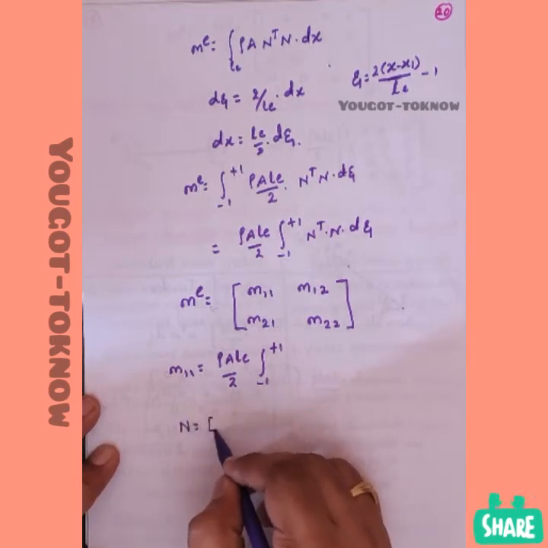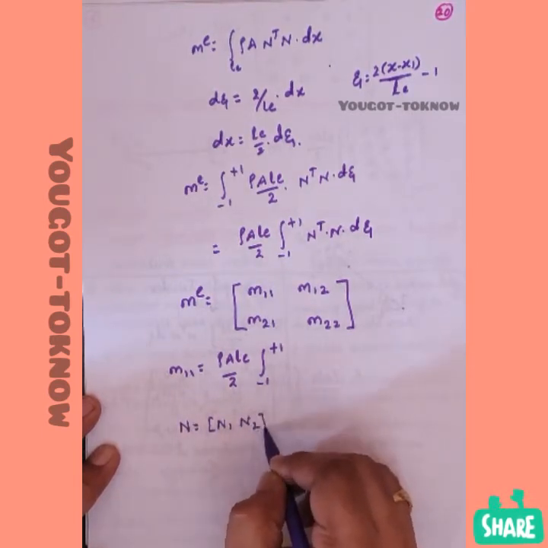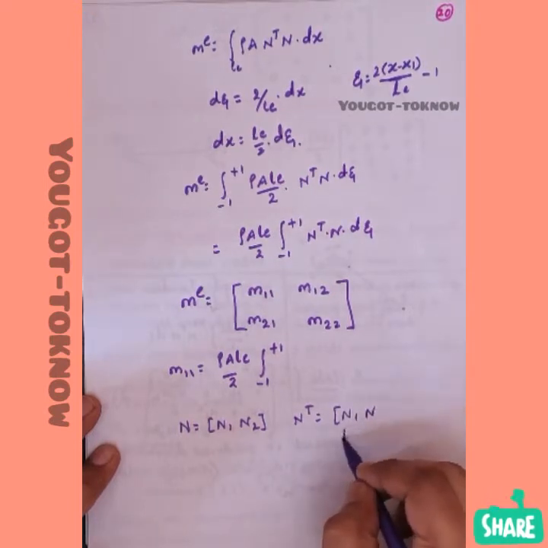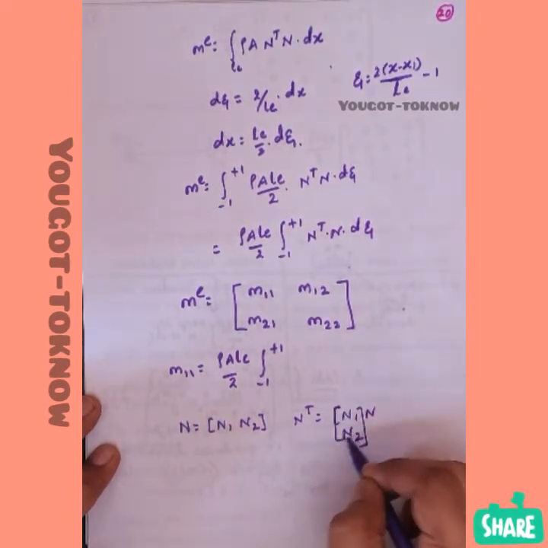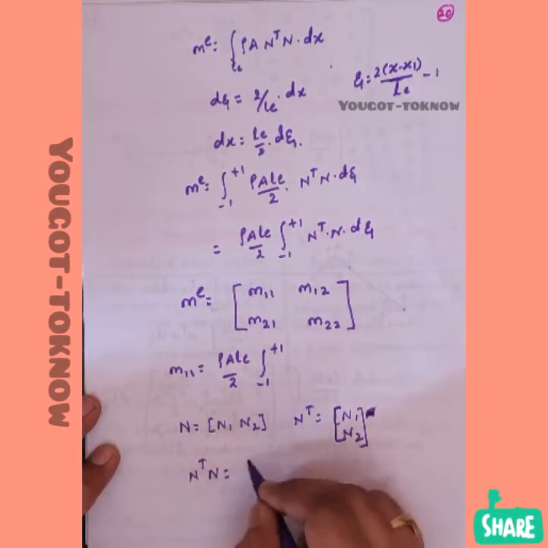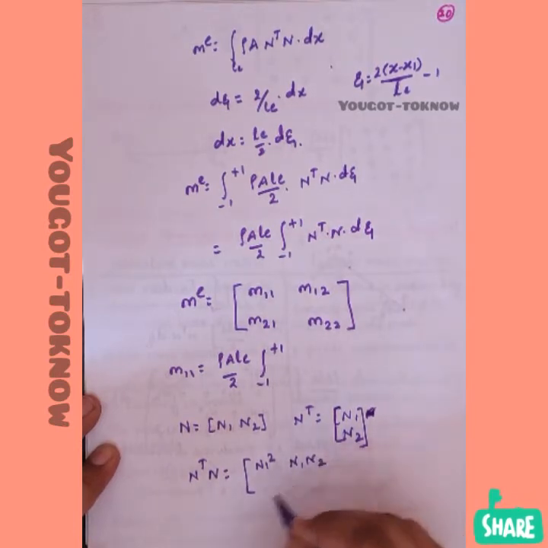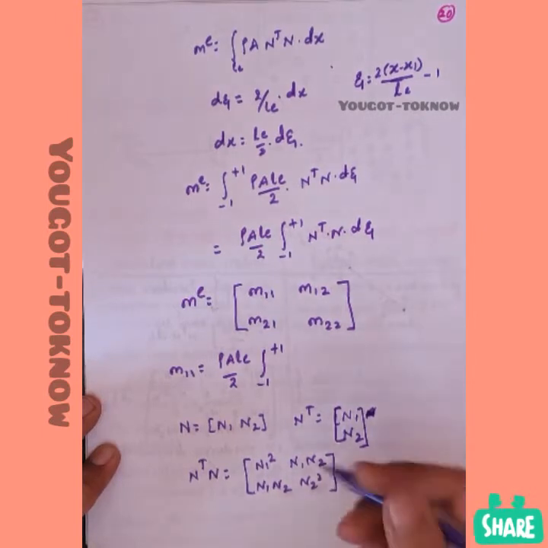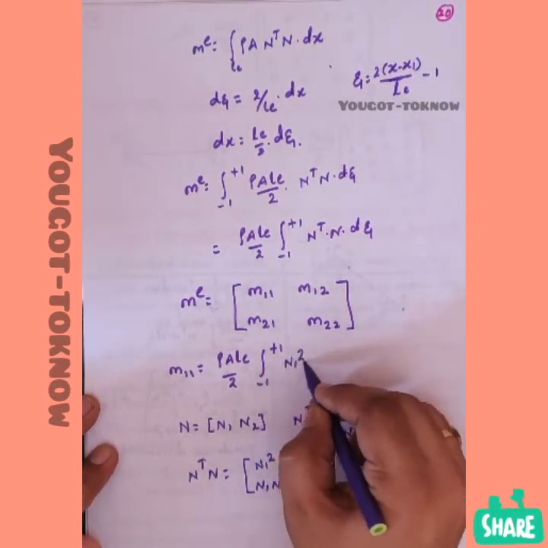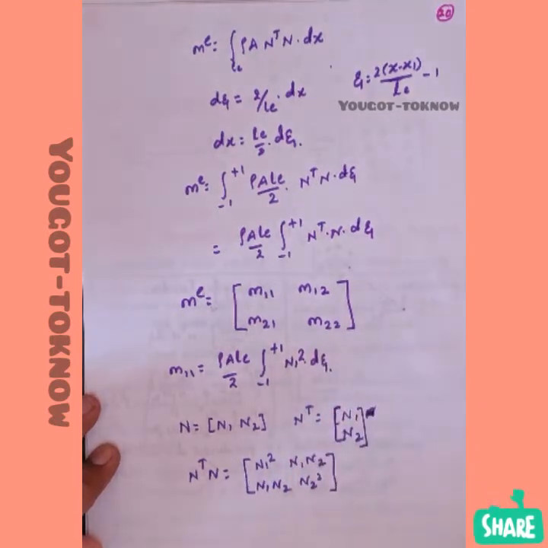N equals N1 N2, and N transpose equals N1, N2 in column manner. If you multiply N transpose into N, you know we already did it previously: N1 square, N1 N2, N1 N2, N2 square. That means m11 will be equal to the integral of N1 square into d zeta.